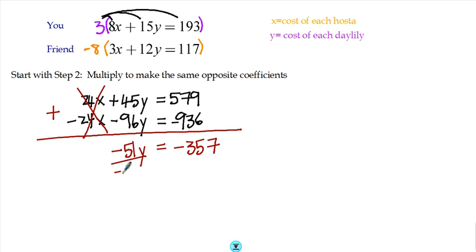Divide both sides by negative 51. Then y will be, if you divide them, 7. Our y value we found is 7.